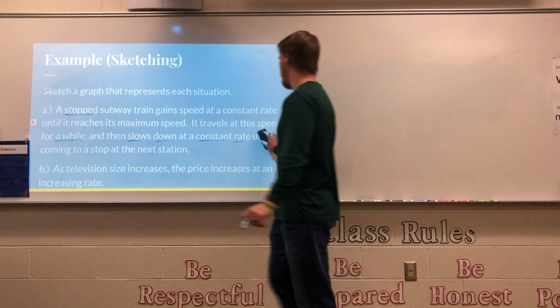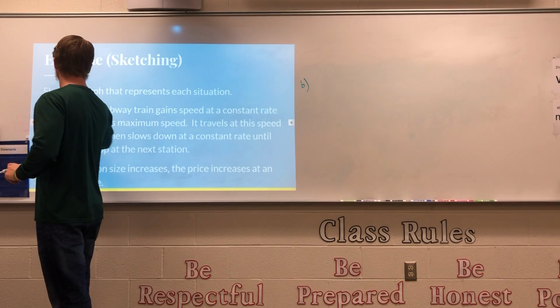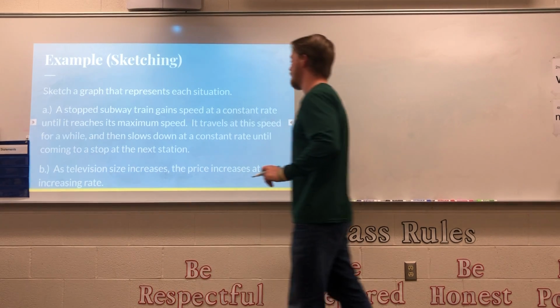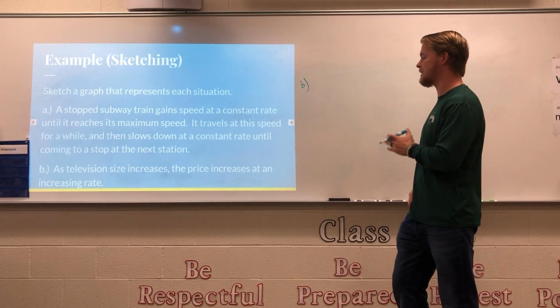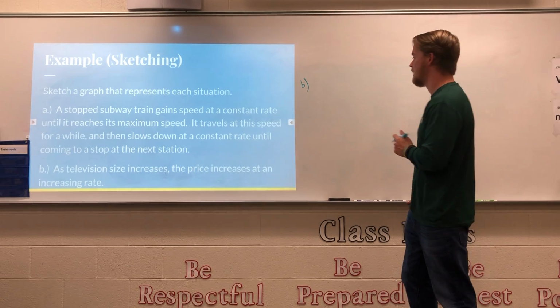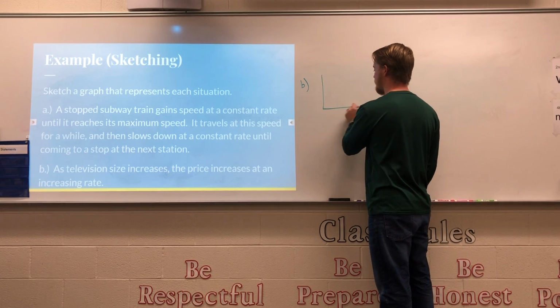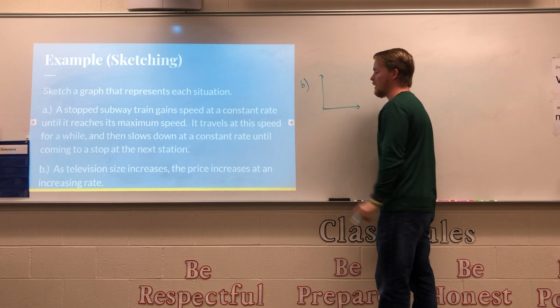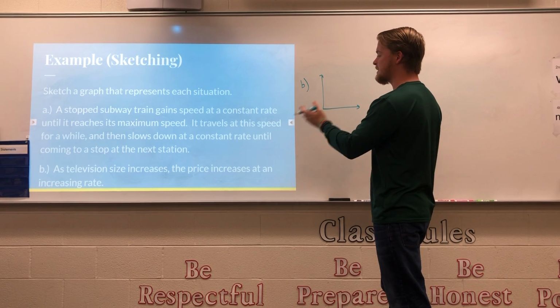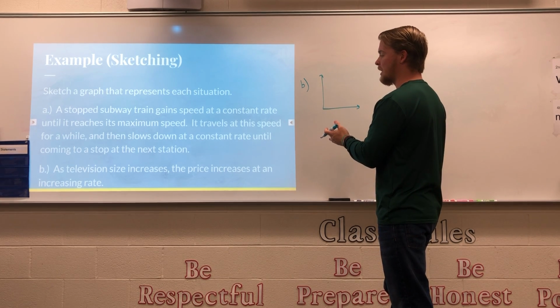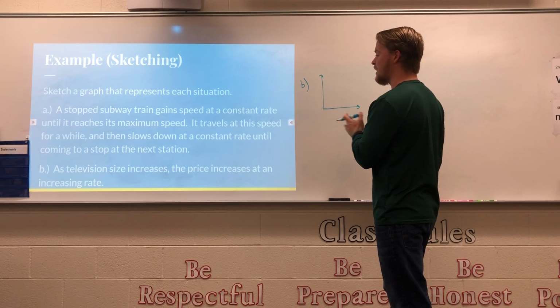Part B, it says, as television size increases, the price increases at an increasing rate. So, two things. It's very easy to tell what we're dealing with. Television size and price.